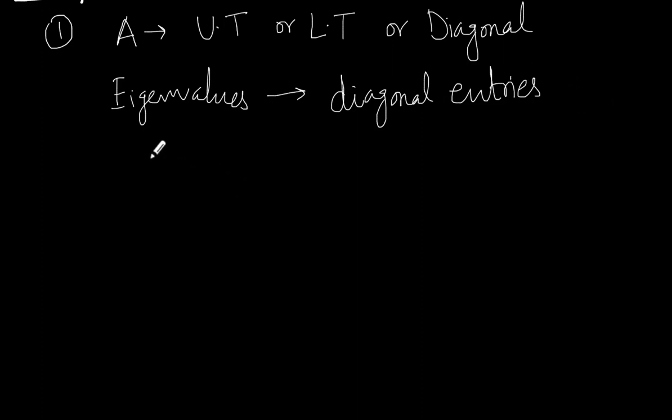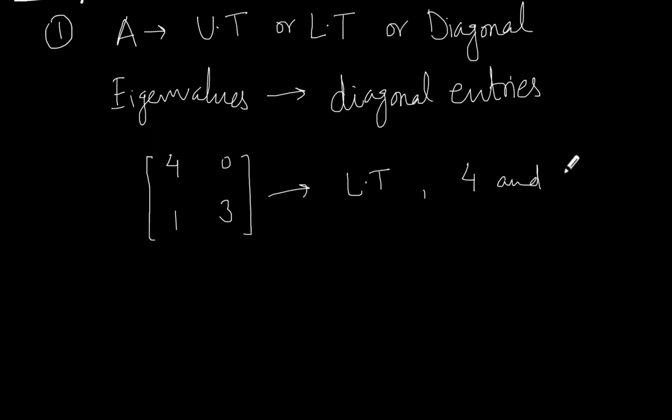For example, in the previous one, the matrix was 4 0 1 3. This matrix is lower triangular. So the eigenvalues are nothing but the diagonal entries, which are 4 and 3. There is no need to find the characteristic equation to calculate the eigenvalues. You can write them down directly.